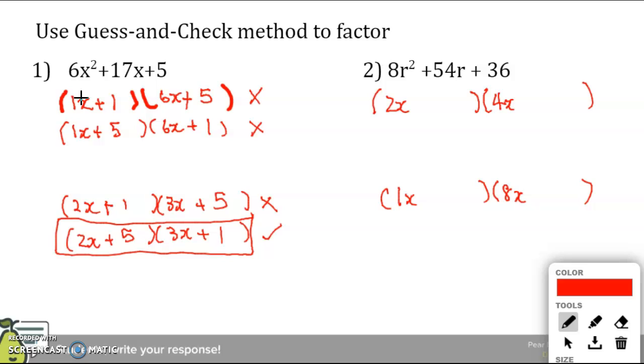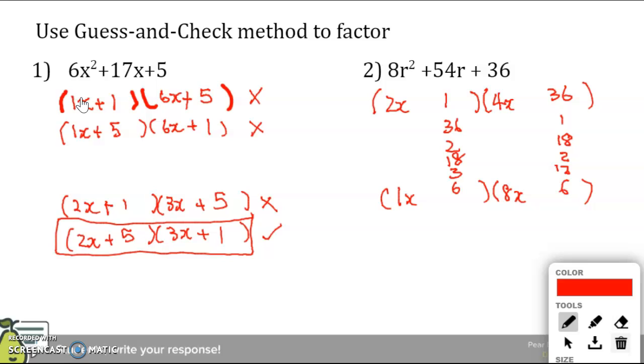Okay. So let's start with the easy one. It could be 1 and 36, or 36 and 1. It could be 2 and 18, or 18 and 2, or it could be 3 and 12, or 12 and 3, and so on, or it could also be 6 and 6.